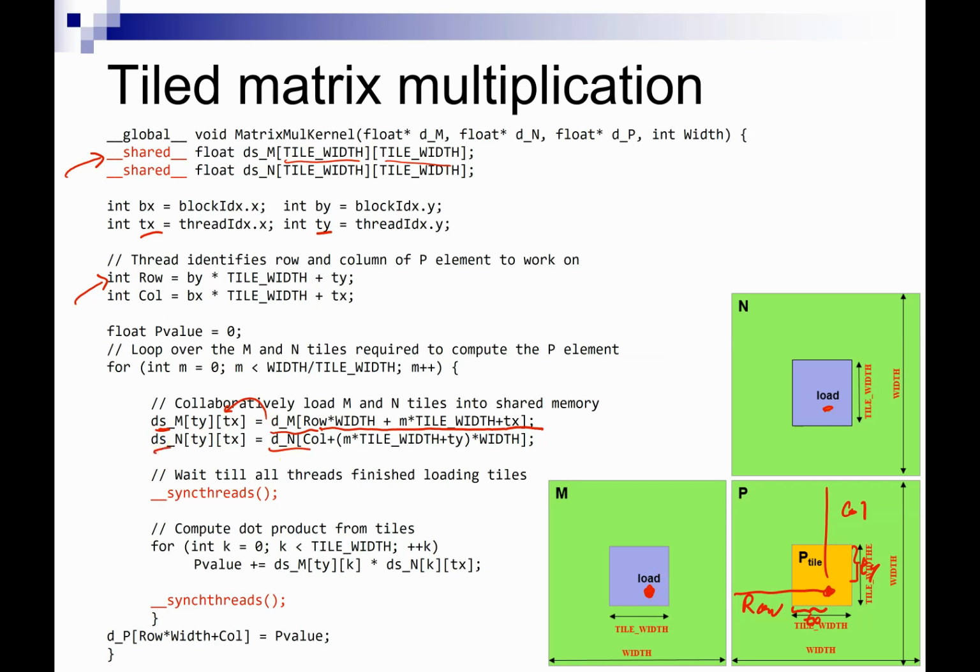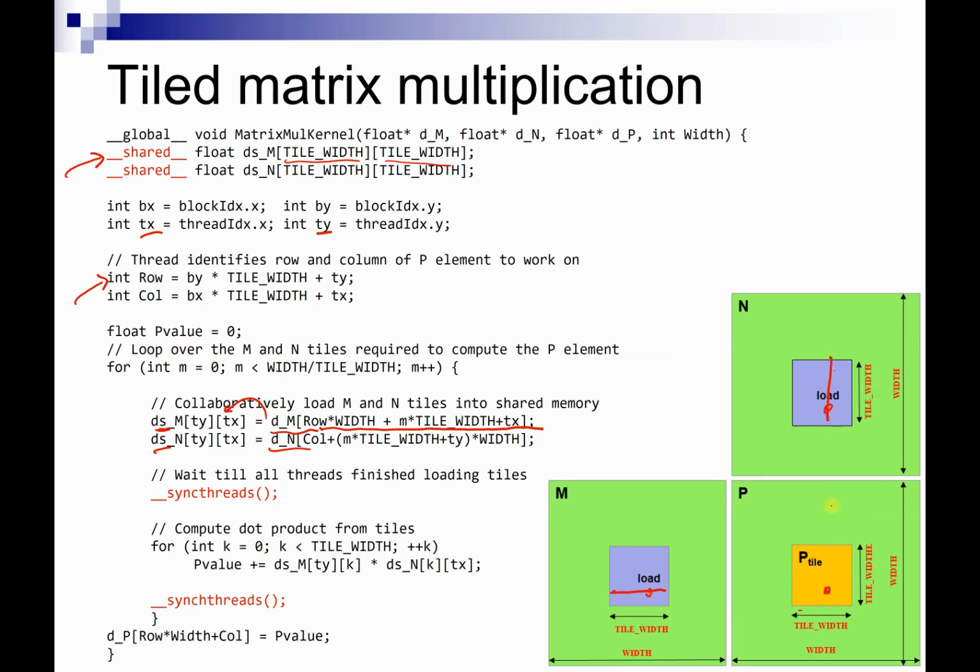Now we need to make sure that all of the threads have finished loading this M block and this N block before we do any computations. Because each thread is just loading one piece of data, if this thread just goes on after it loads its two pieces of data, it now needs to compute this row dot product this column.